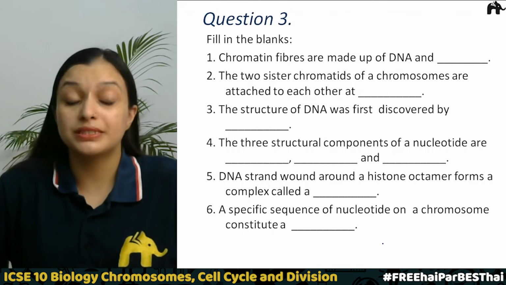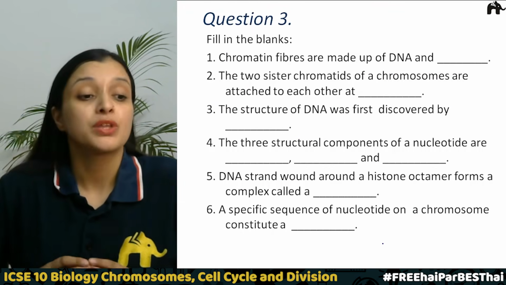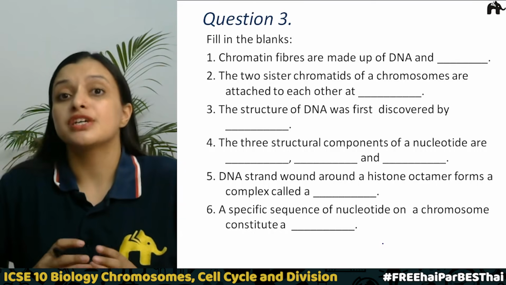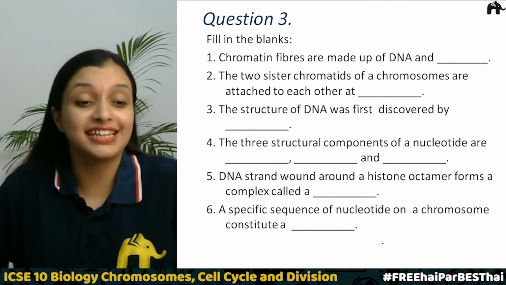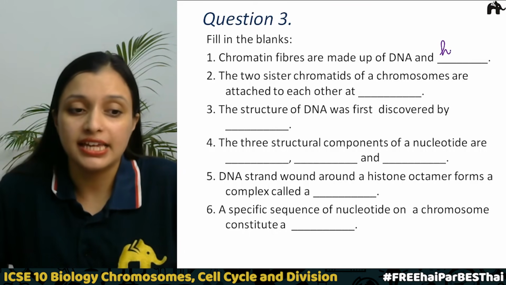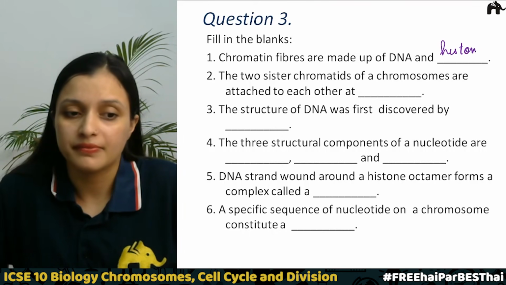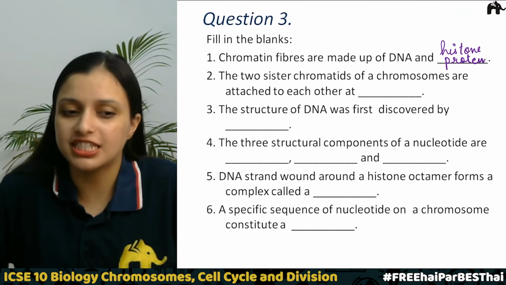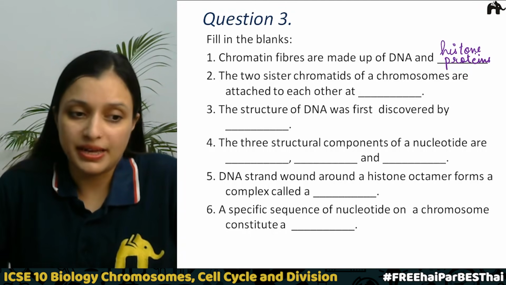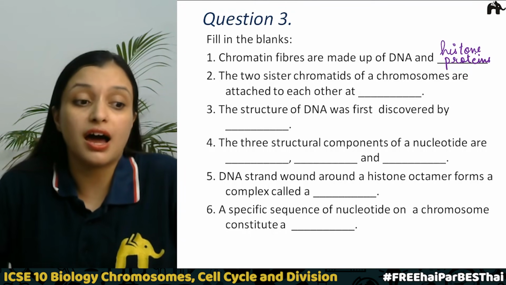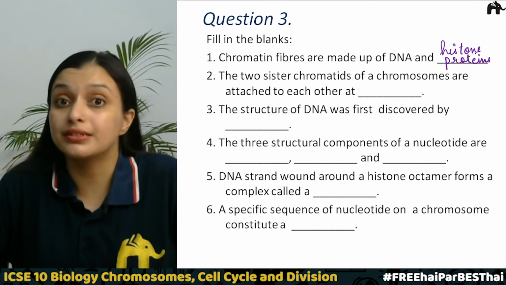Now question number 3, fill in the blanks. Chromatin fibers are made up of DNA and, what is the other thing? The other thing is histone proteins, right? Basically the proteins. Now the second one: the two sister chromatids of a chromosome are attached to each other at.